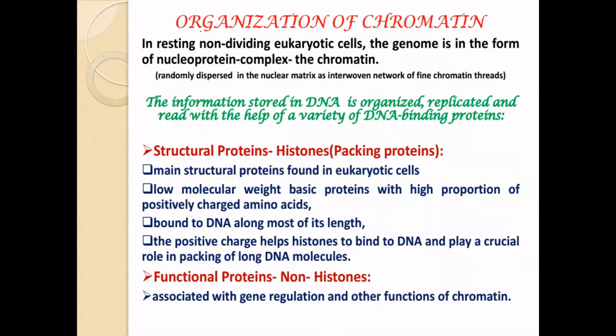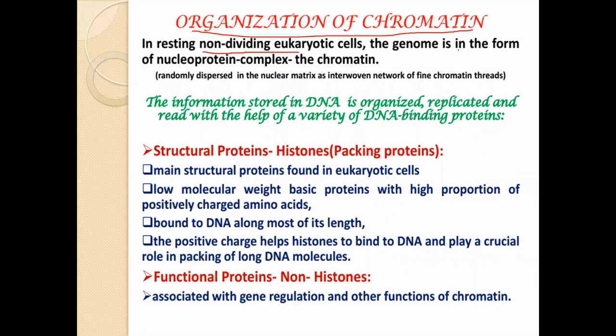So, if we are going to study the organization of chromatin, we have to start from a resting cell, a cell in its resting phase, that means a cell in a non-dividing phase.